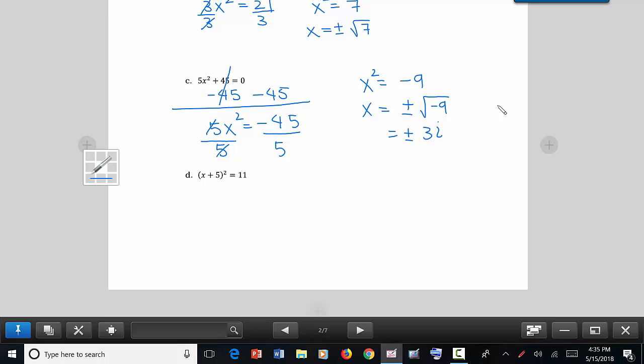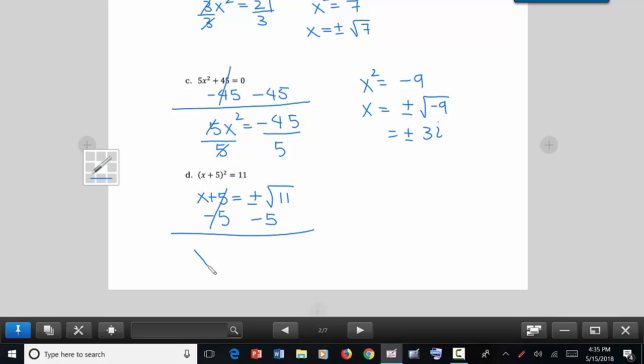Now here on number d, instead of x squared, we have (x plus 5) squared. So x plus 5 should be plus or minus, two options, the square root of 11. But we are interested in solving for x. That's why we have to subtract 5 from both sides.